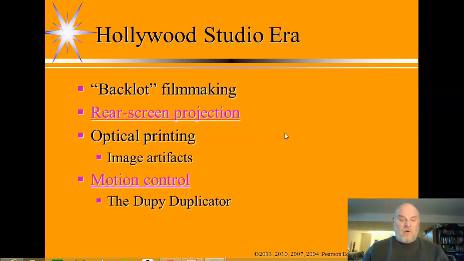As I mentioned before, in Charlie Chaplin's film Monsieur Verdoux, he was actually using rear screen projection to create convincing images that the action of the film was taking place in Paris, France, when in fact the film was actually made in his own studio in Hollywood, California.